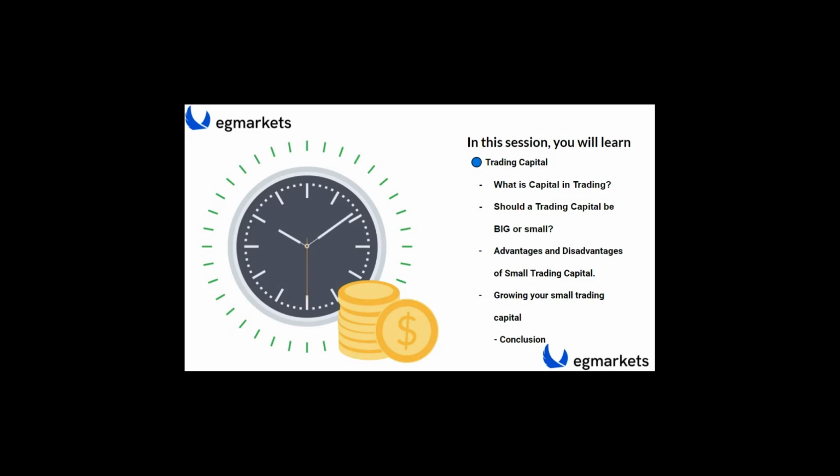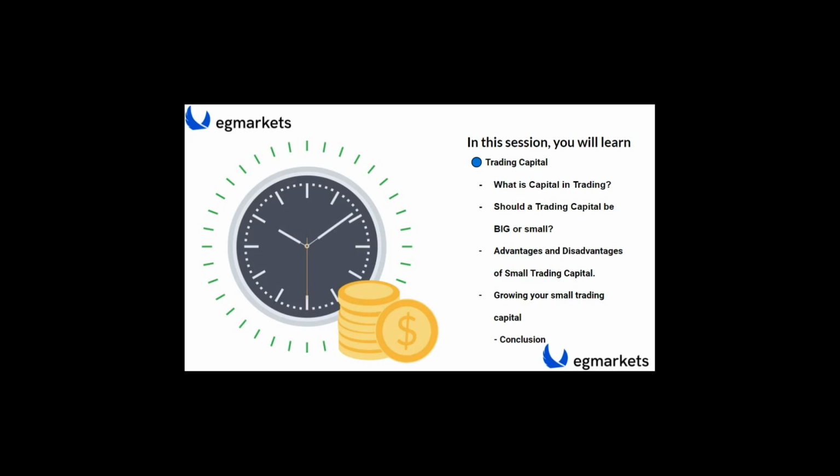That means 80 to 100% of your capital must be at work all the time when you're trading a smaller account. That doesn't mean you have to be overly aggressive. Just try to understand me. It just means you have to be focused on growing your account rather than worrying about your account. The more you worry about your trading account, the more chance you have of losing your capital.